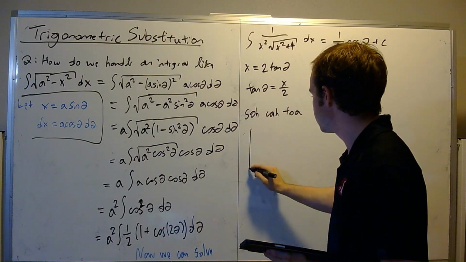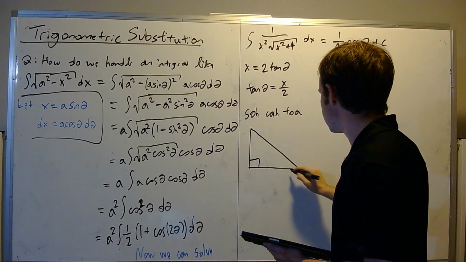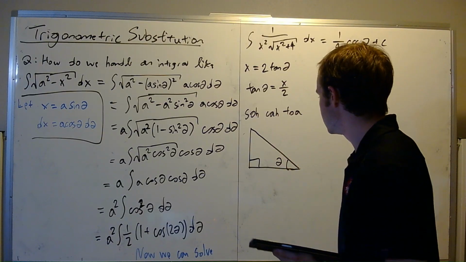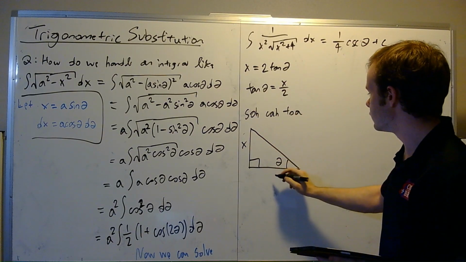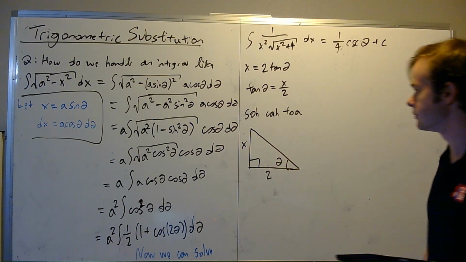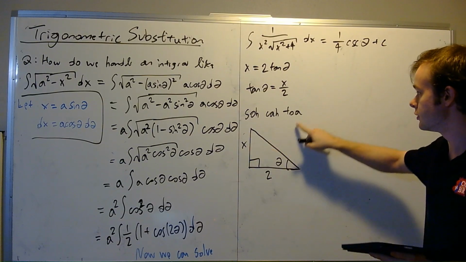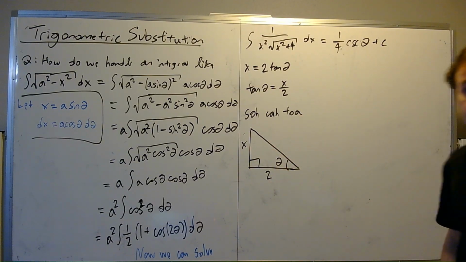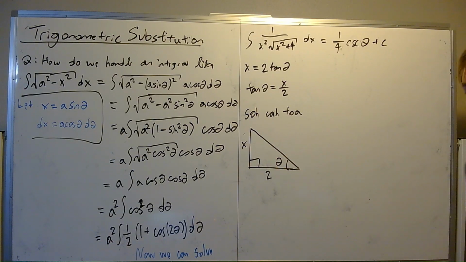So what that means here is we draw a right triangle, where this is our angle theta, and we say that this is the opposite side, x, over the adjacent side, 2. Right? So the opposite side to theta is x, and the adjacent side to theta is 2. So that we can actually now find out what this hypotenuse is.